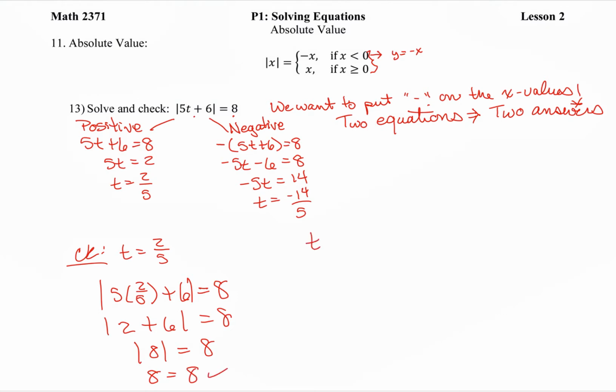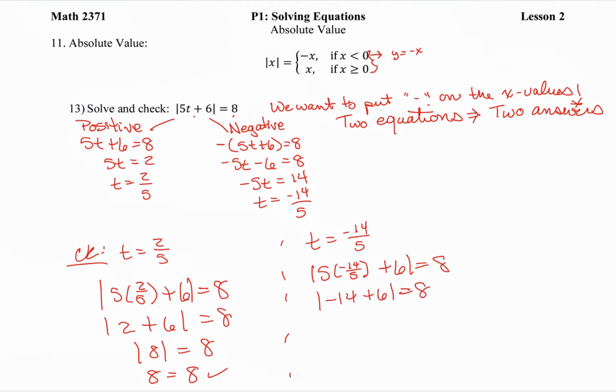Actually, I am going to check the negative because I want to show you how to work the negative. Okay? So I'm going to put this in. So that's 5 times negative 14/5. Negative 14 plus 6 equals 8.